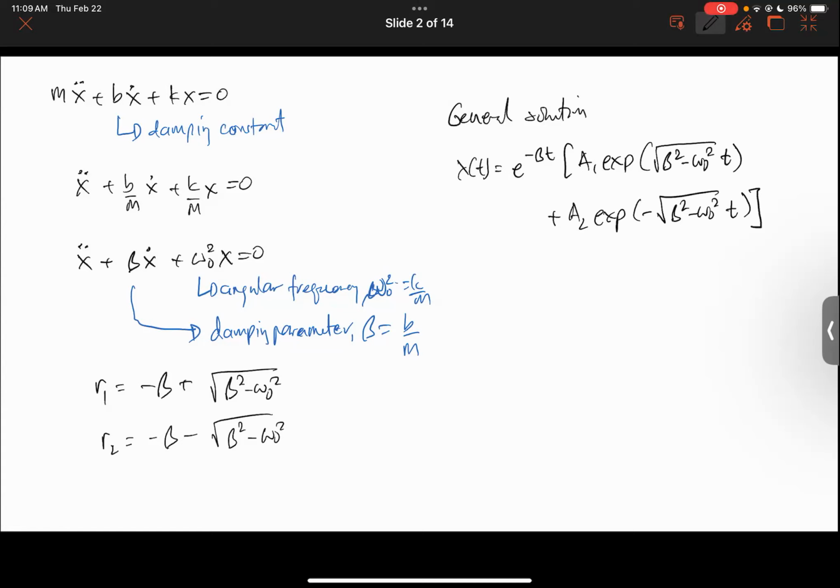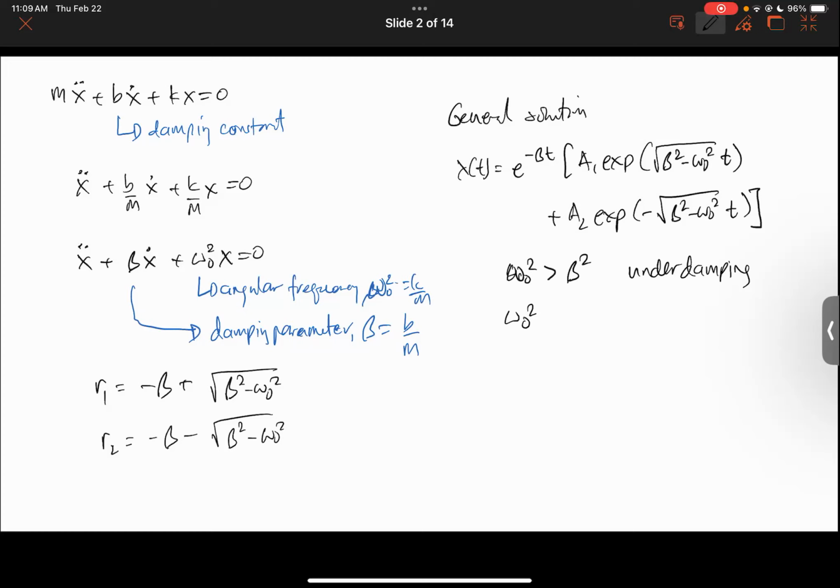Okay. Of course, meron tatlong cases dito, depende sa relationship between yung beta at yung omega. So, if omega naught squared is greater than beta squared, then we call that type of damped motion as underdamped.